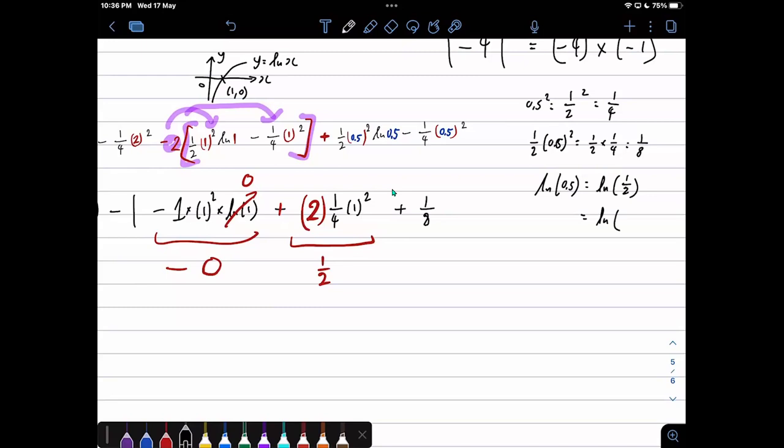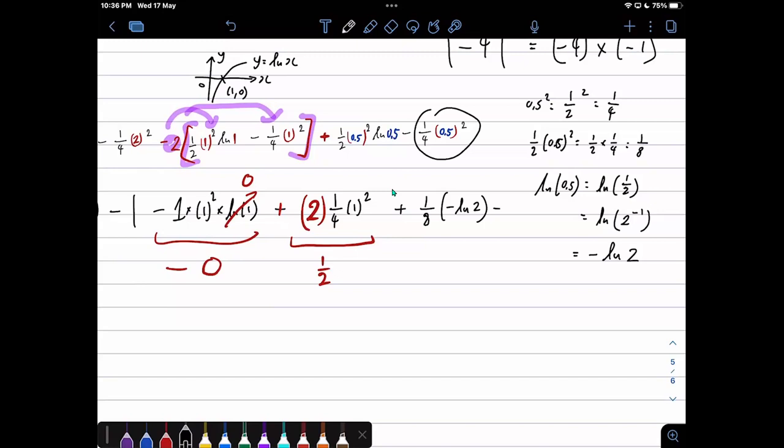Then there's a special trick you can do. How about we rewrite this as 2 power negative 1? Yes, then negative 1, you can bring it down. Negative ln 2. So now it's in terms of ln 2, which is very good. Now we can replace ln 0.5 with negative ln 2. Close the bracket. Don't forget minus 1/4 0.5 square.